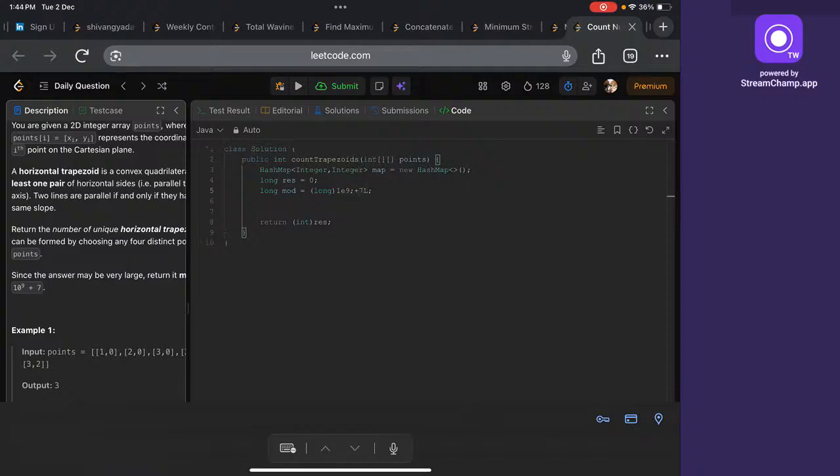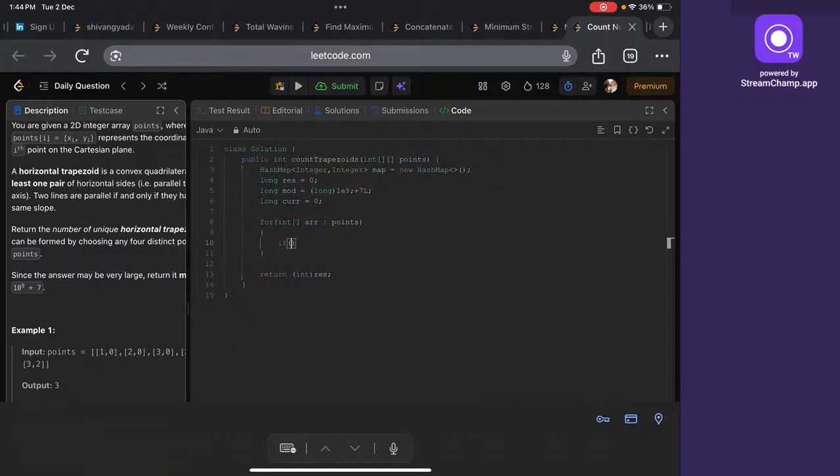Okay, now and current total, let's make it 0. And for each we will iterate over the points. Current point, we are using the same array of points, and we are going to put those in the hash map, right?